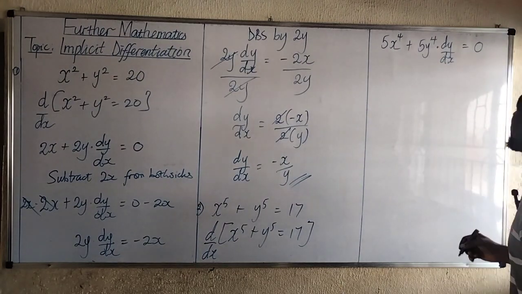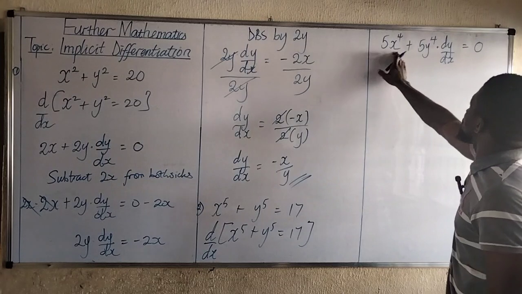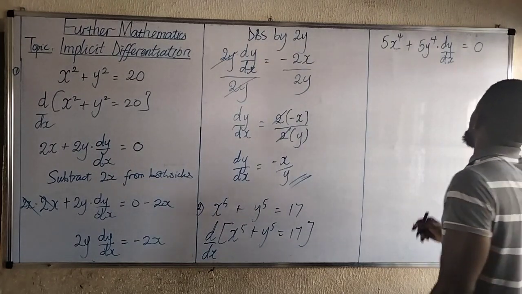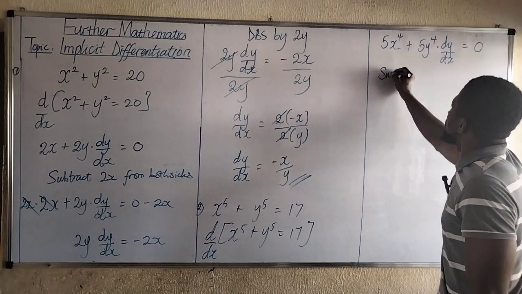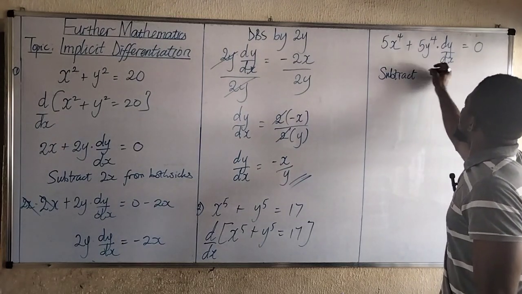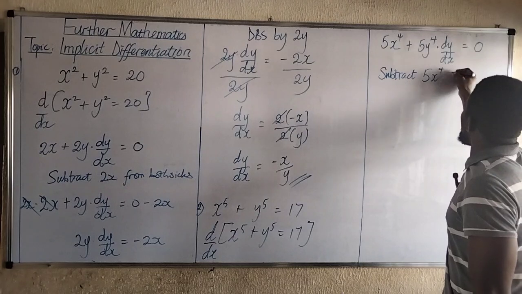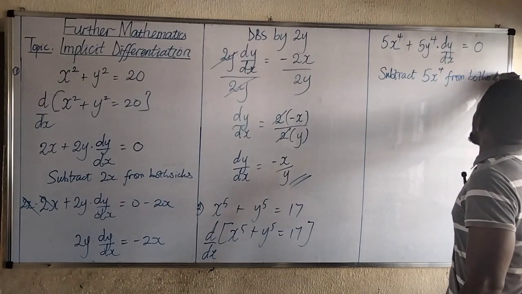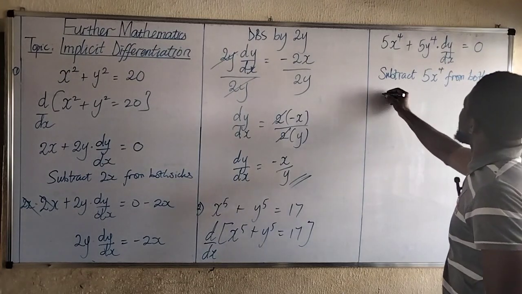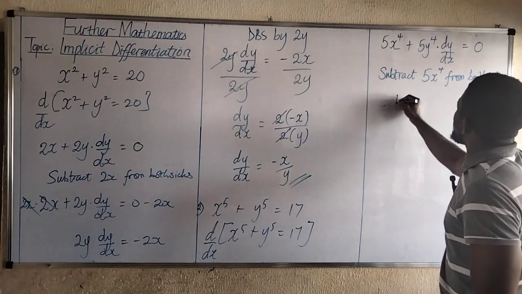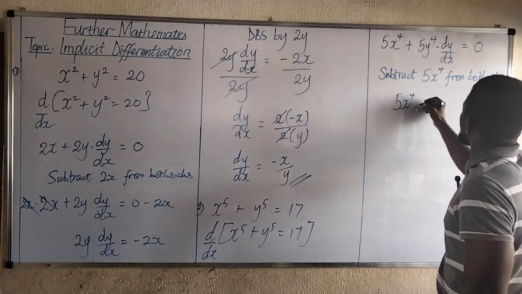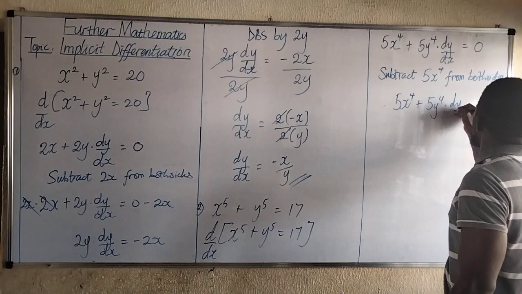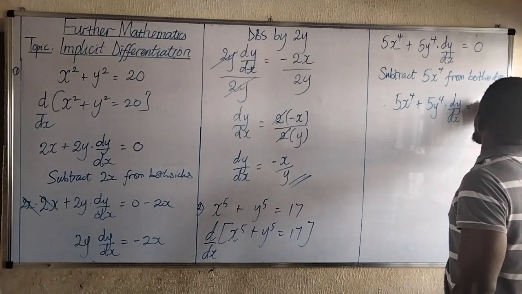Having reached this far, what we are going to do is to make sure that this goes away. And how are we going to do that? We subtract 5x raised to the power 4 from both sides of this equation. So it will be 5x raised to the power 4 plus 5y raised to the power 4 dy over dx, all equal to 0.